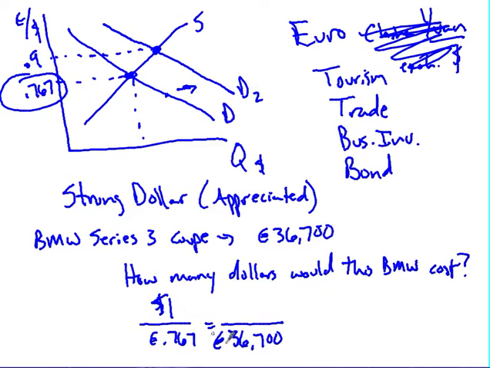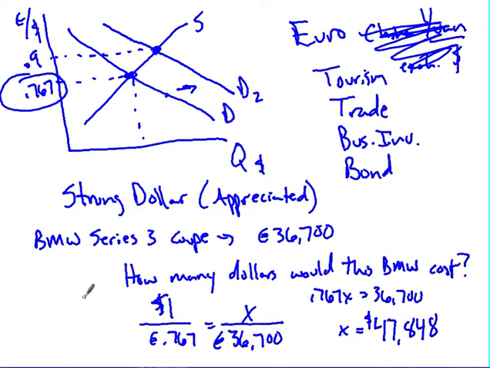And so how many dollars at the original exchange rate will this cost? When you do this cross multiplication, you get 0.767x equals 36,700. Divide through by 0.767, and you come up with, I'm sorry, $47,848.